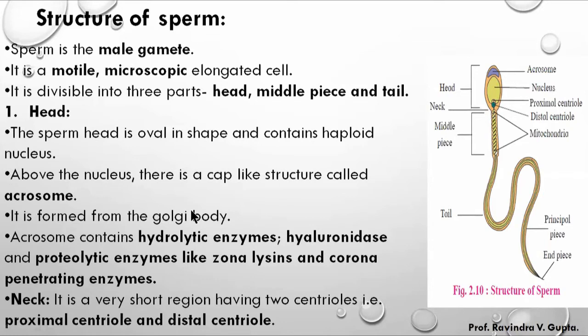So what is the function of the acrosome? The acrosome contains hydrolytic enzymes. It will cut the layers of the egg. It contains the hydrolytic enzyme hyaluronidase, and proteolytic enzymes like zona lysin and zona penetrating enzyme.